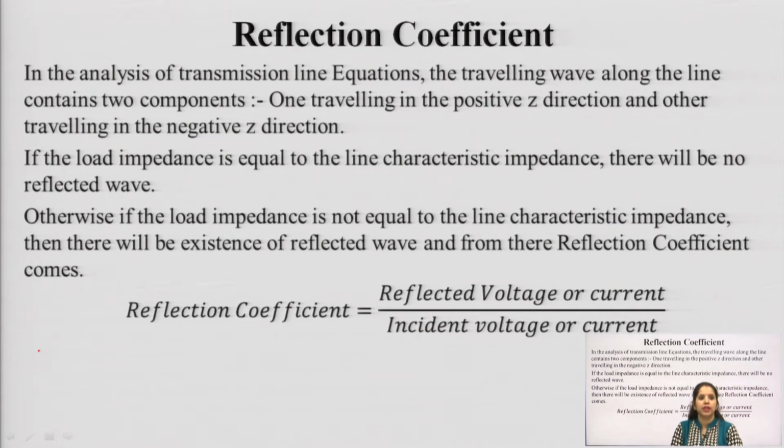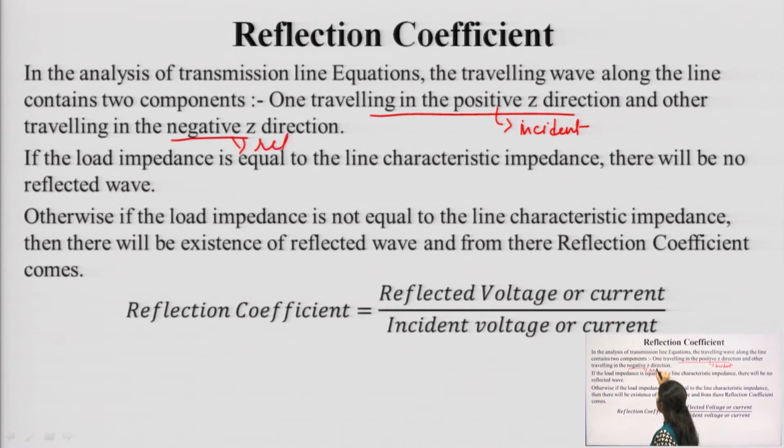Here we are doing the analysis in the travelling wave system, which contains two components, one travelling in the positive z direction, another travelling in the negative z direction. The wave travelling in the positive z direction is always the incident wave, and the wave travelling in the negative z direction is our reflected wave.